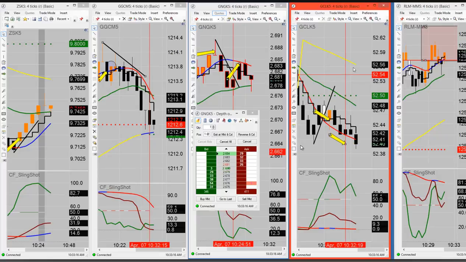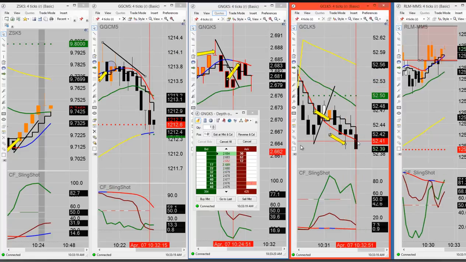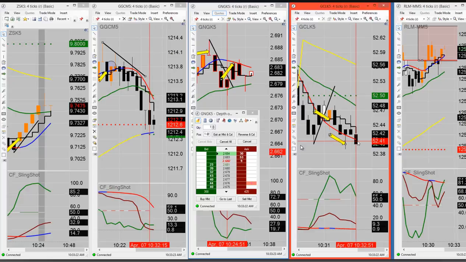Okay, so we're flat with 5 profit on the crude. We need to put in a lower swing here. We're still in this natural gas. I thought we were going to stop out on it, but so far we're still in it.